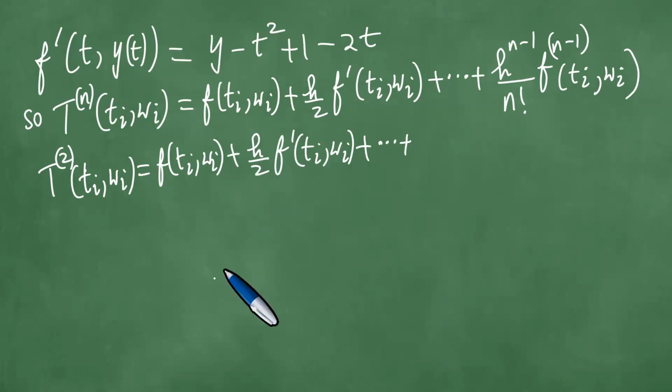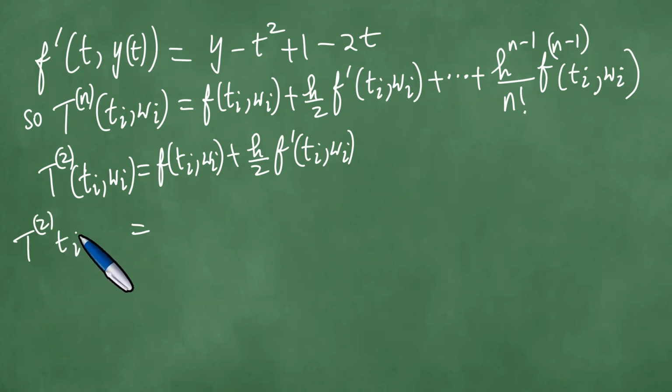So we're going to stop here. We're not going to go all the way, because it's not going to make sense to go on. If you reach here, 2 minus 1 is only h out of 2. So you have this. Now let's just continue.